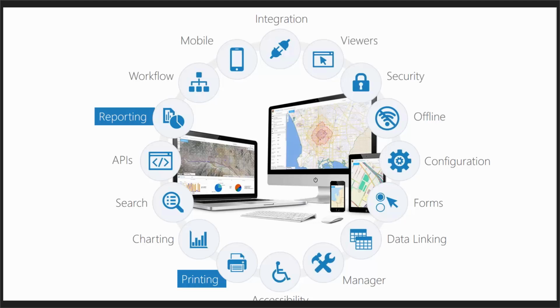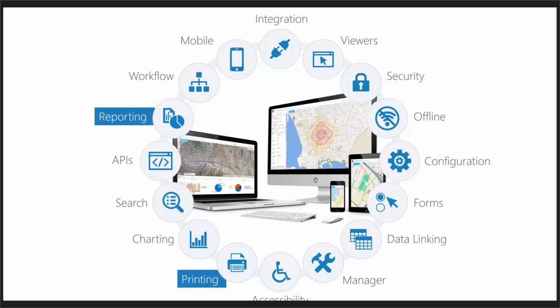We also have a native mobile viewer with offline syncing capabilities. There's instant search, which helps you index your map service data and gives huge performance increases. There's data linking, there's accessibility, there's all sorts of different tools and features that come standard with your Geocortex Essentials installation. But today, as I said, we're going to look at reporting and printing.